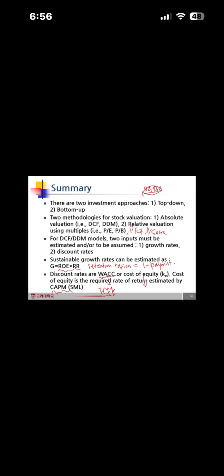Rather, if you use free cash flow to the firm, such as operating profit, you have to discount it using the weighted average cost of capital, because this operating profit is distributable to both bondholders and stockholders. From this operating profit, you pay out interest and you pay out dividends. So the operating profit belongs to both bondholders and stockholders.